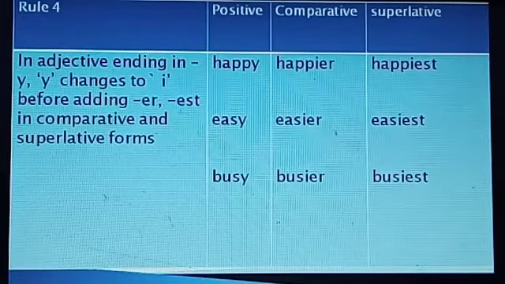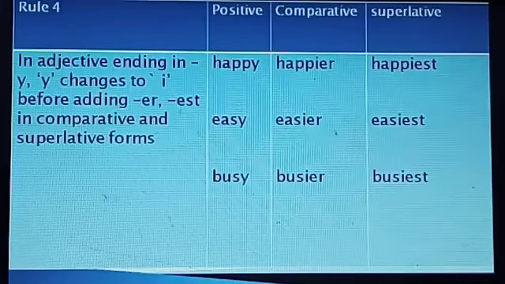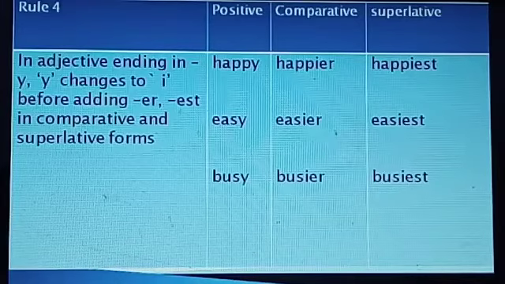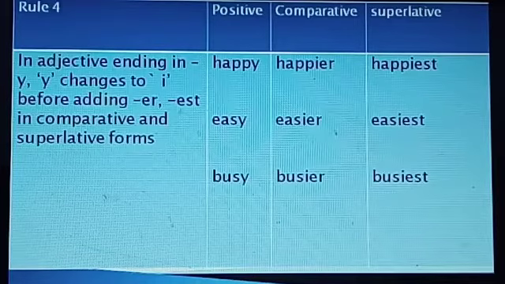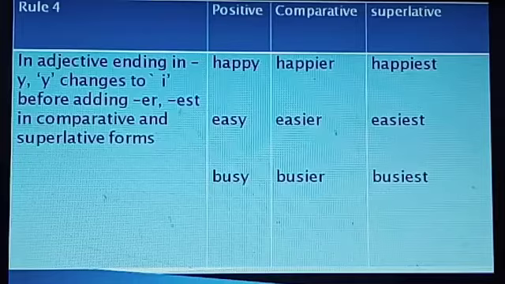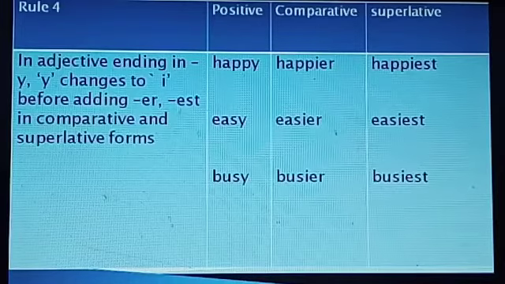Happy, happier, happiest; easy, easier, easiest; busy, busier, and busiest. What we did here: we changed y into i and then added er in the comparative degree and est in the superlative degree.